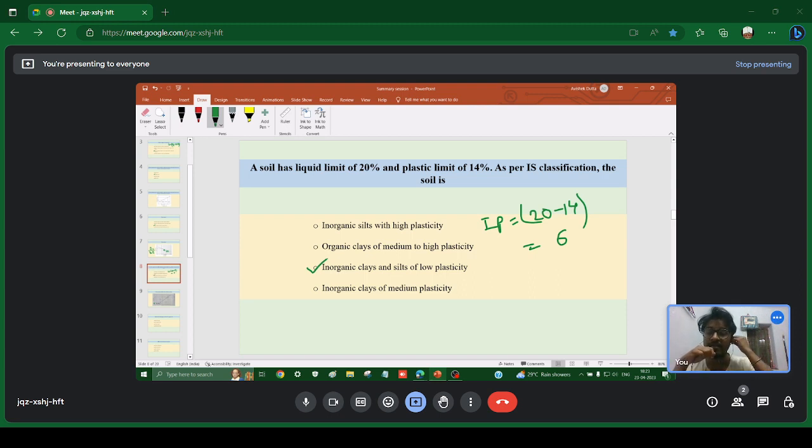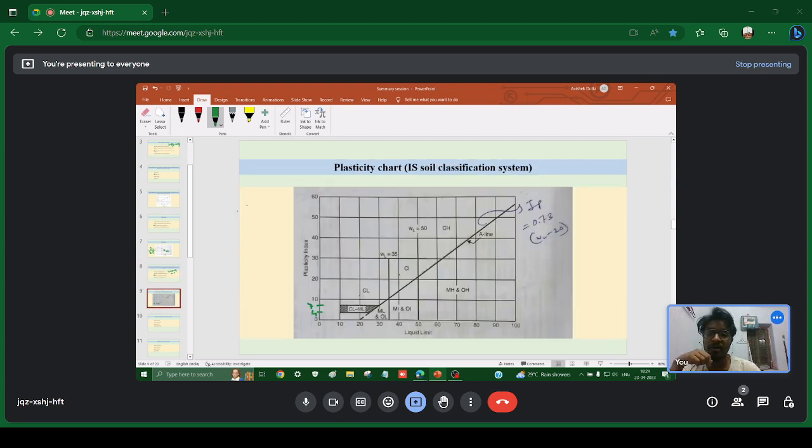This chart is again a very important chart for solving these kinds of problems, and the equation of the A line needs to be remembered because problems also come with respect to this equation, and the WL in this equation is the liquid limit, as I mentioned.